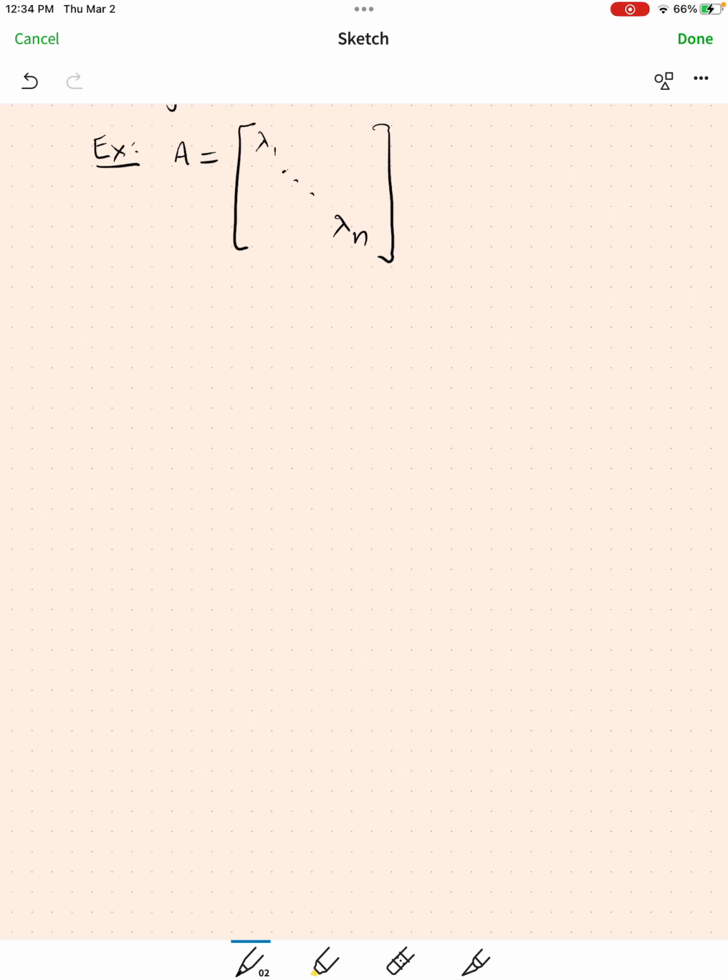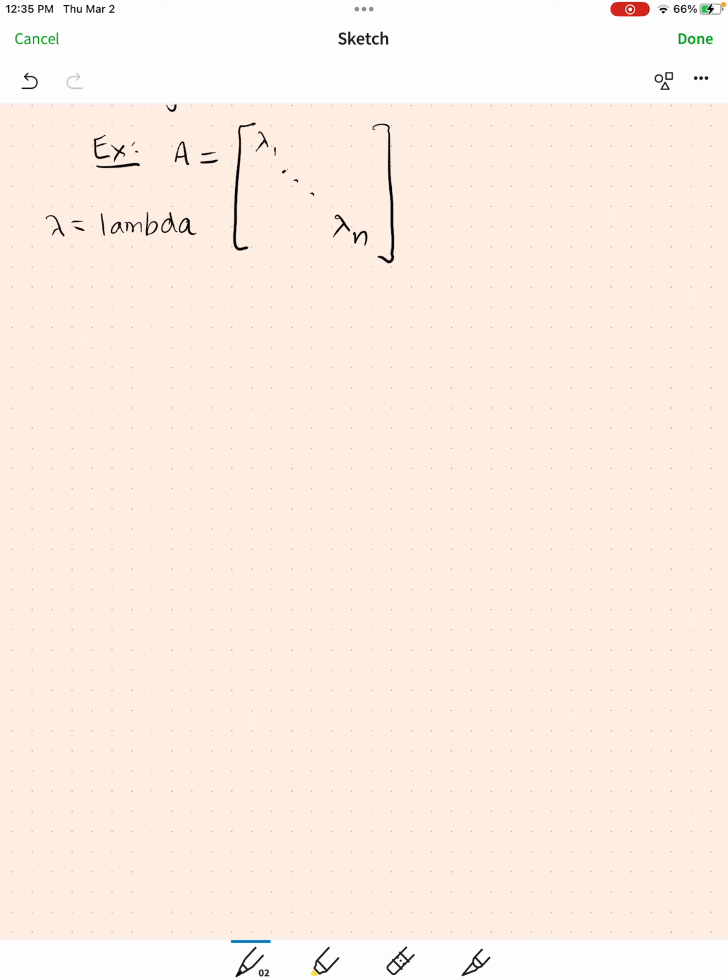So that's a lambda, that's how it's pronounced. So lambda sub 1 through lambda sub n, and you have a diagonal matrix. Now these eigenvalues can be 0. 0 is a possibility for an eigenvalue. It's just that the 0 vector can't be an eigenvector.